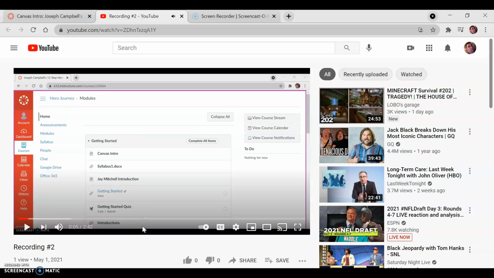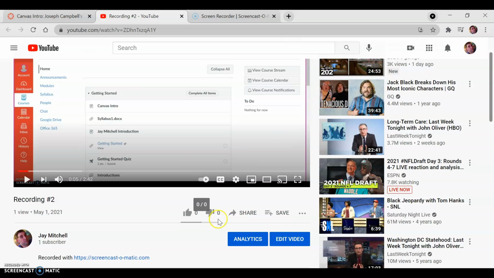So you can see I set up about a 2.5 minute video navigating Canvas, the LMS, so that students that are not familiar with Canvas can navigate it.